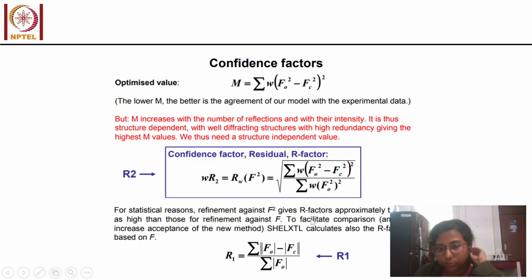We see both, but usually we give more importance to R1 because when we solve the data, WR2 is always like 2.5 times R1. So it is easier to say that R1 less than 10% means it is good data, rather than saying that WR2 less than 25% means it is good data. So it is a matter of convention.